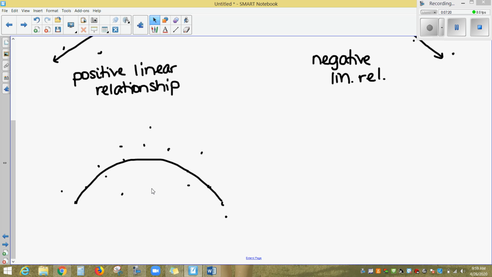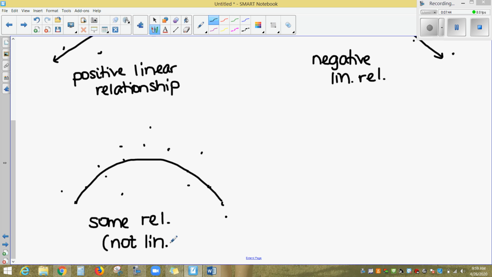Then we think that it might have a relationship, but to some other curve, and that's outside the scope of this class. We're going to look at lines and linear regression here in a little bit, but we're not going to worry about logarithmic curves or exponential curves or quadratic relationships or anything else. Okay, so I'm just going to write some relationship, not a line.